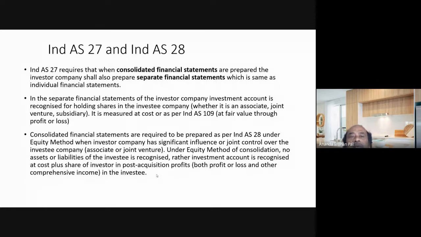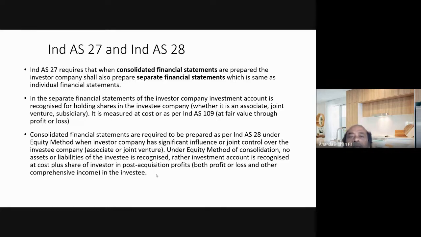Then I am coming to Ind AS 27 and Ind AS 28 again. Ind AS 27 requires that when consolidated financial statements are prepared, the investor company shall also prepare separate financial statements, which is the same as individual financial statements, but it is called separate financial statements.